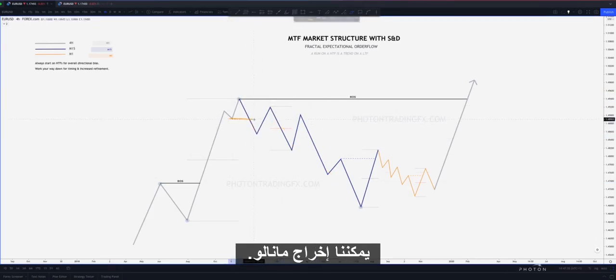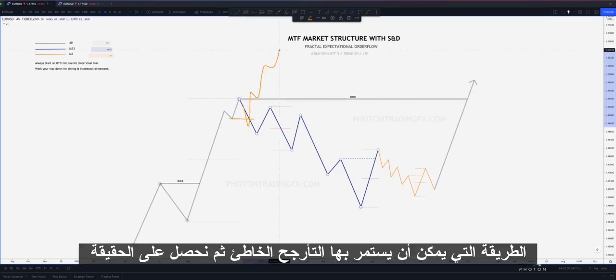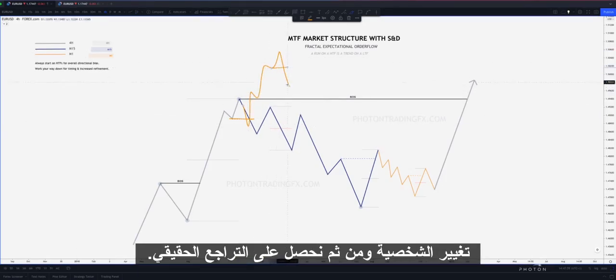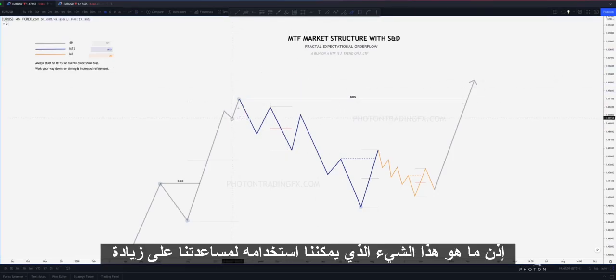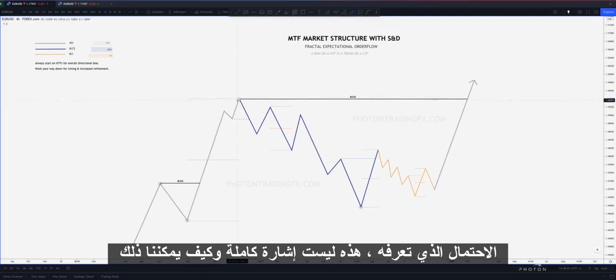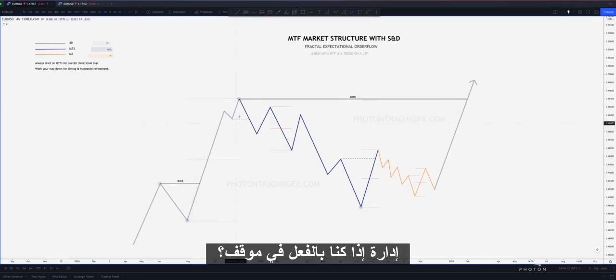Because of course, we could take out that minor low, it can just be a liquidity grab, and straight away that swing run can continue to go, and then we get the true change of character, and then we get the true pullback. So what is that thing that we can use to help us increase the probability that this isn't a full signal, and how can we anticipate that ahead of time, to help us potentially with management if we're already in a position?